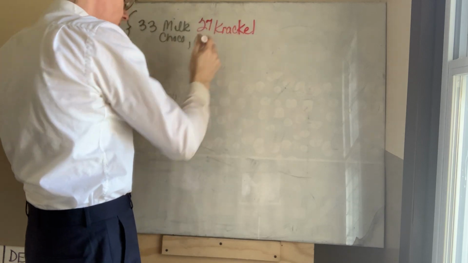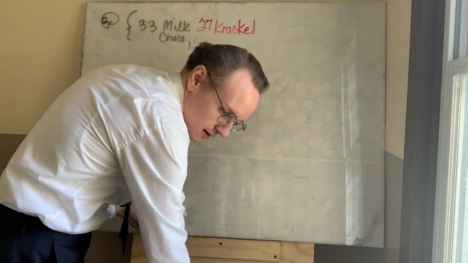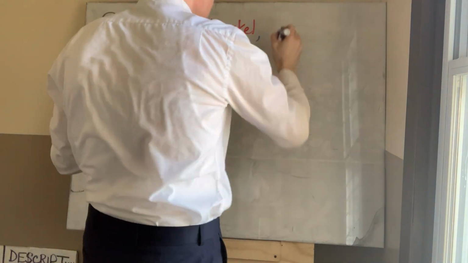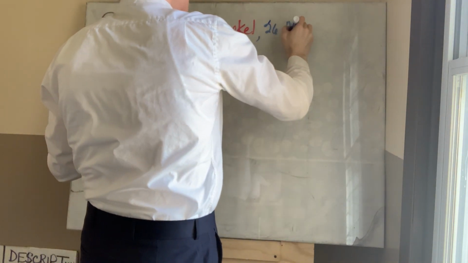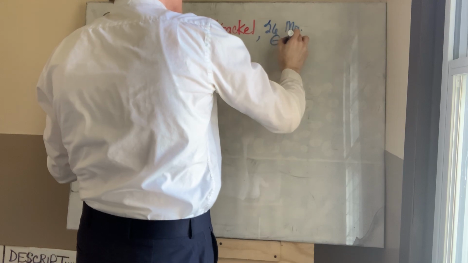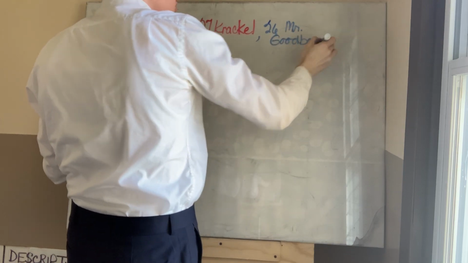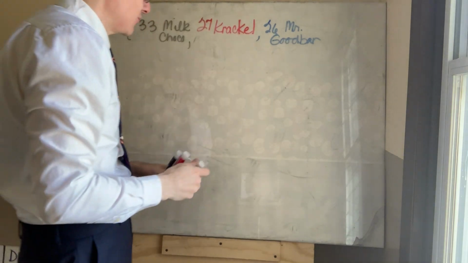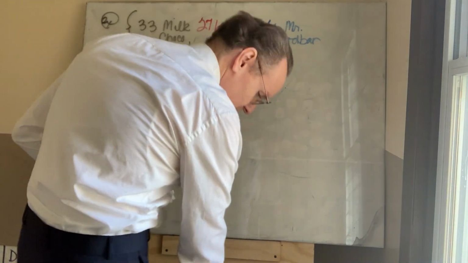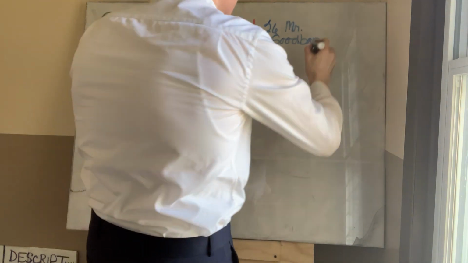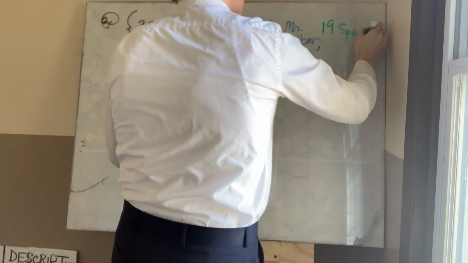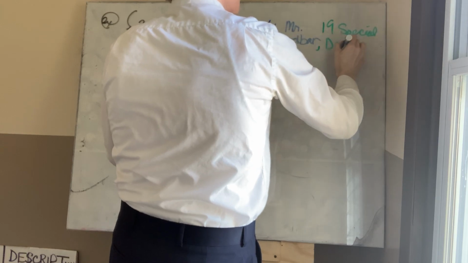I'd rather have a crunch. 26 Mr. Good bars. Mr. makes you wonder whatever happened to Miss Good bar. Maybe that's what crackle really is. Who knows? Let's see. 19 special dark, which is the good one.